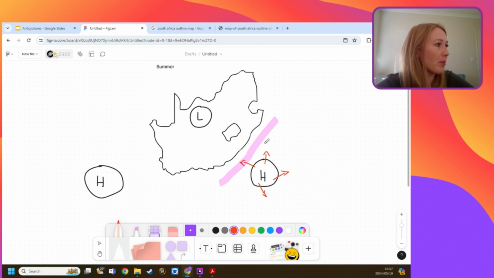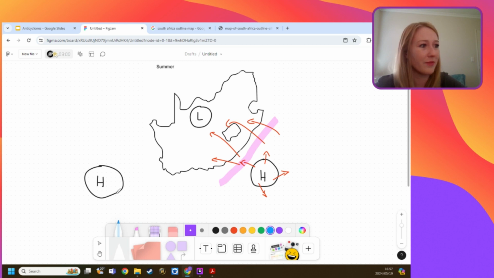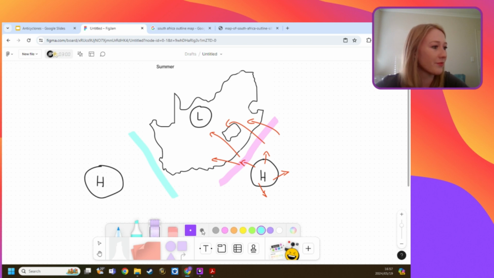And it blows inland, spiraling inland towards. Then over here, by this one, let's first highlight this cold blue. We have the air blown away from the high pressure.